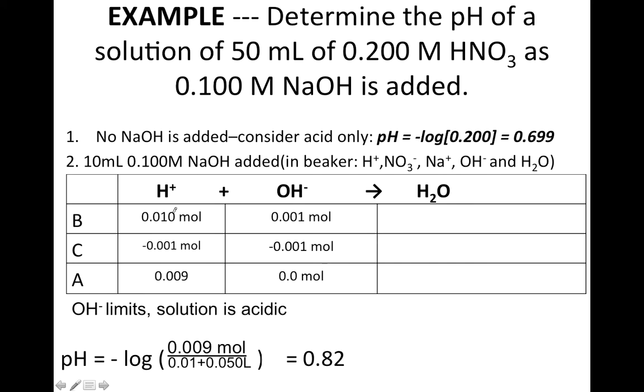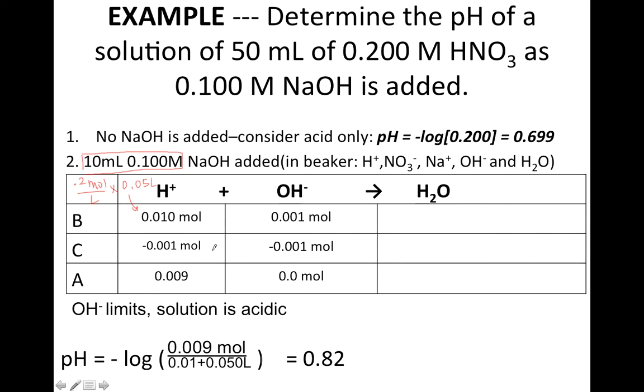So to get this 0.01, we just did 0.2 moles per liter times 0.05 liters, right? 50 milliliters is 0.05 liters, and that should give you this number. We did the same to figure out the moles of hydroxide, but with these two numbers.